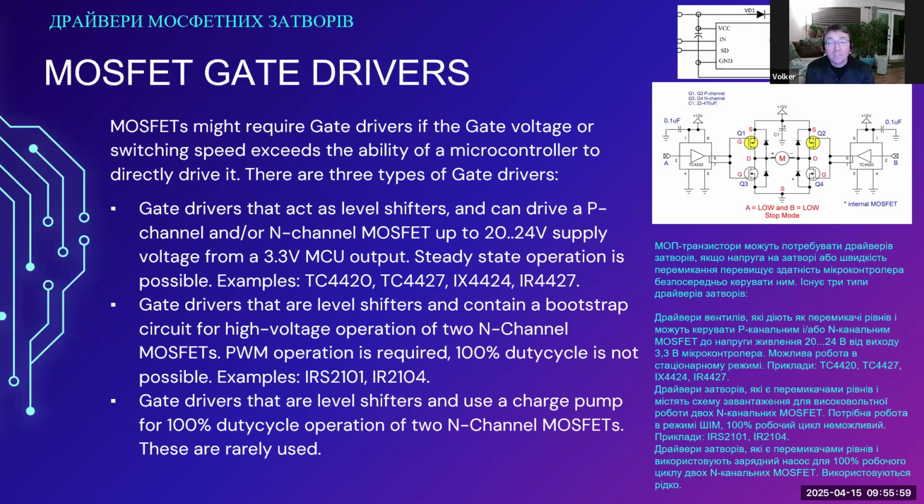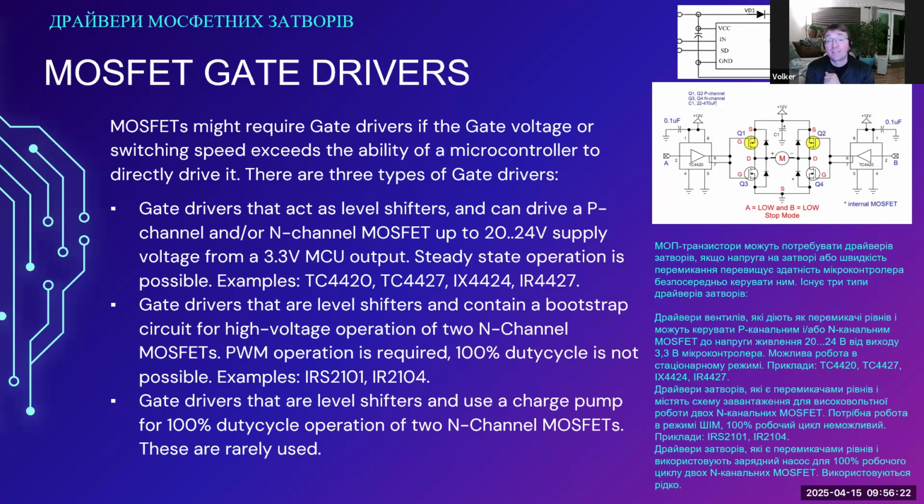So there's one type of gate driver that is simply a level shifter. It can drive a P-channel and/or N-channel MOSFET, usually up to about 20 to 24 volts, some 18 volts, but basically they're intended for 12 volt battery operated operation.